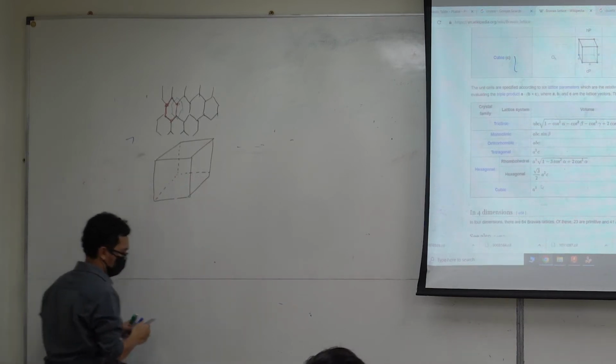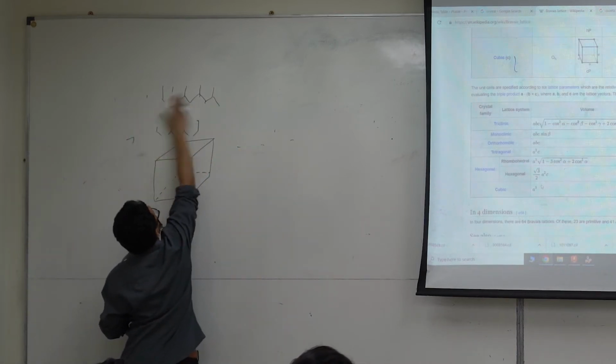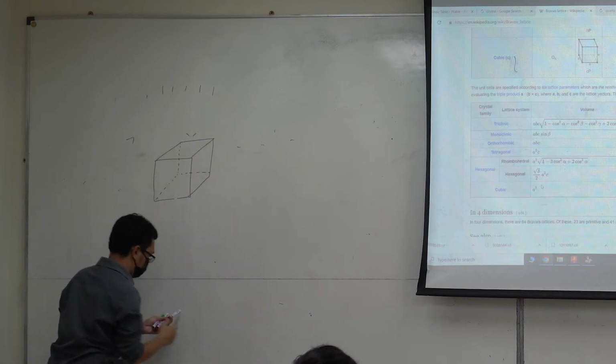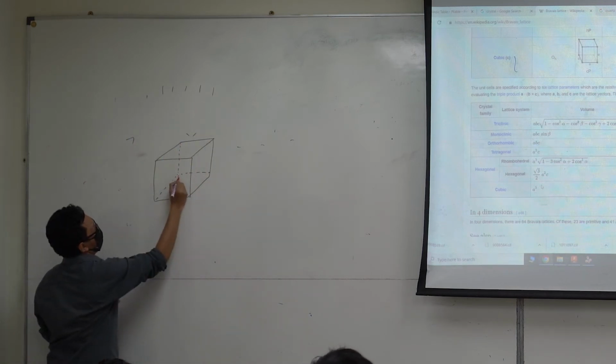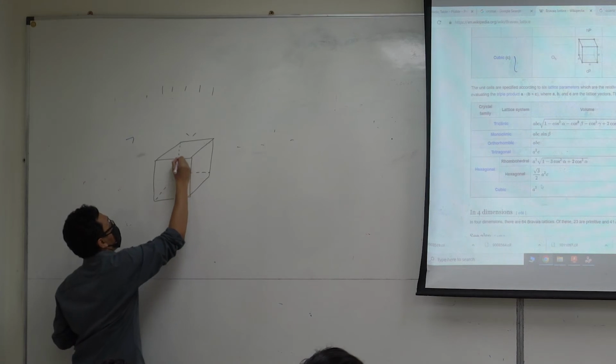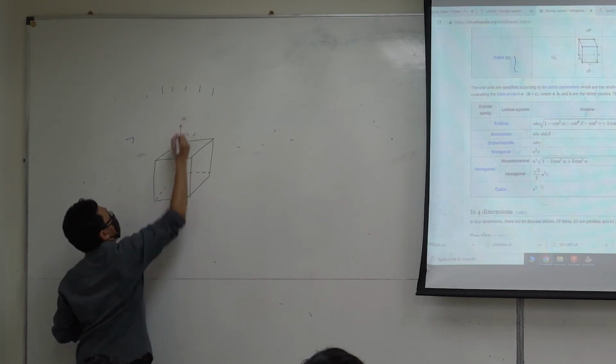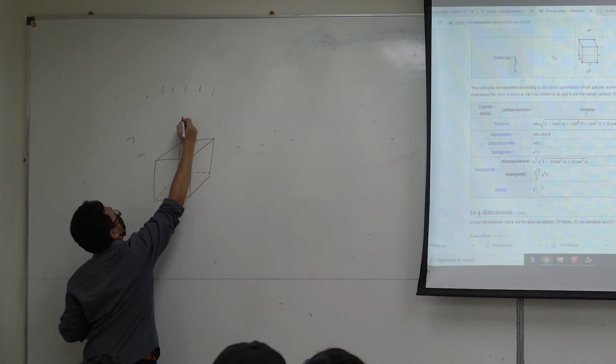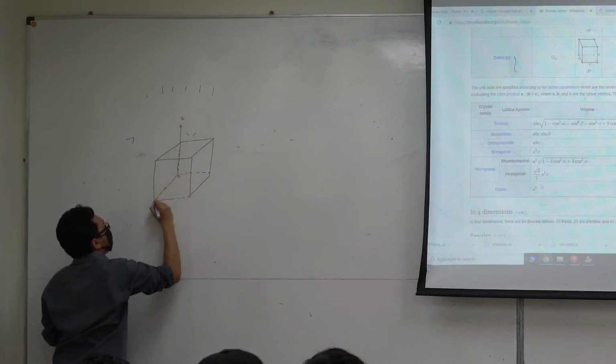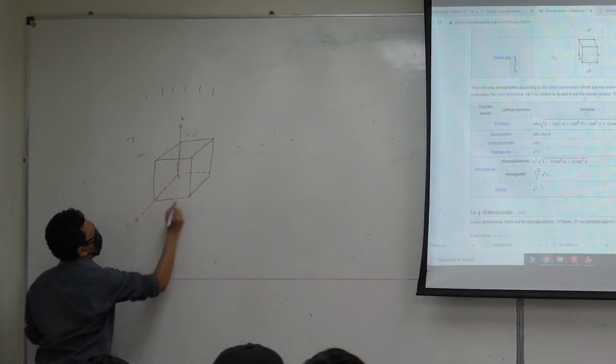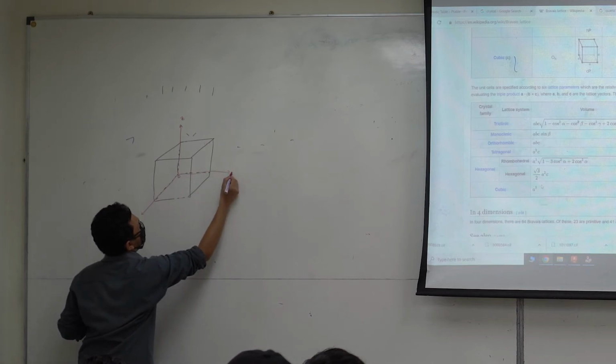And then I make this a coordinate system. The origin is here. This is z, this is x, this is y.